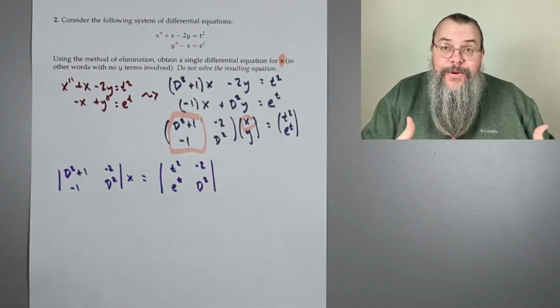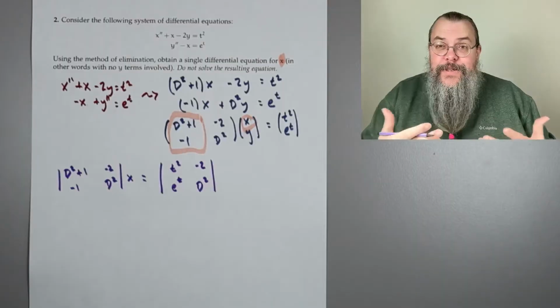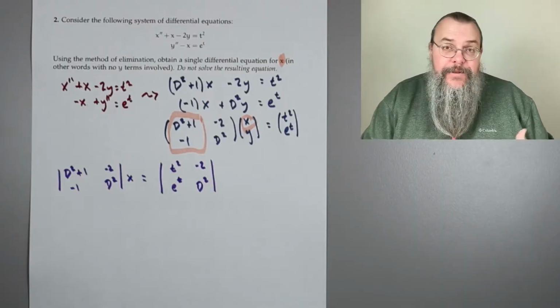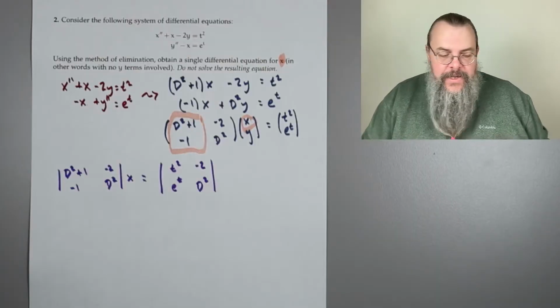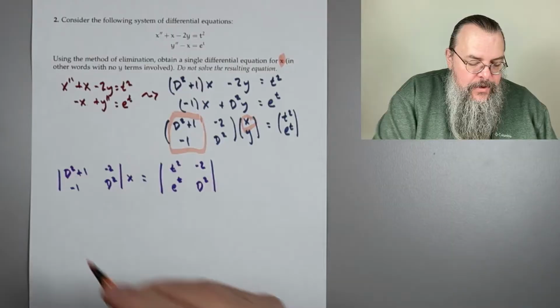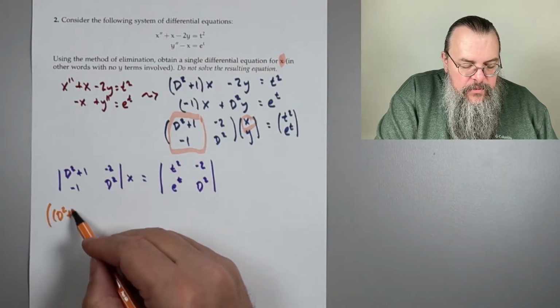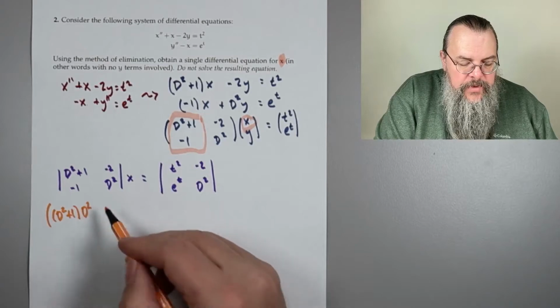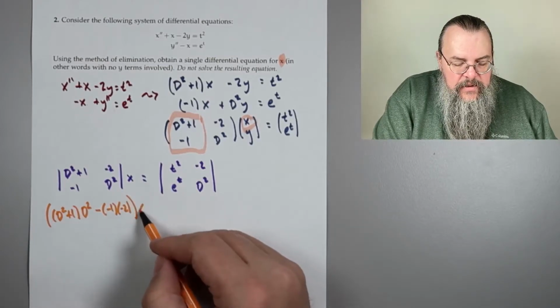And most of the work, we're over halfway done now. We just have to finish taking these determinants, and we'll be in good shape. All right, so here we go. What do we have? Well, we have here d squared plus 1 times d squared. Subtract minus 1 times minus 2, x.